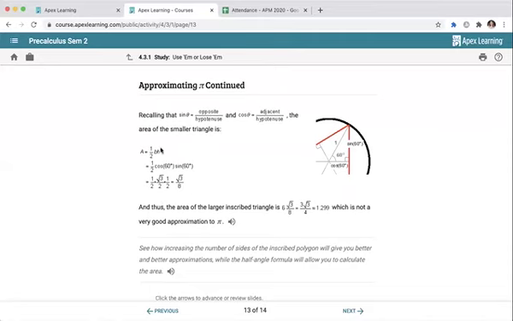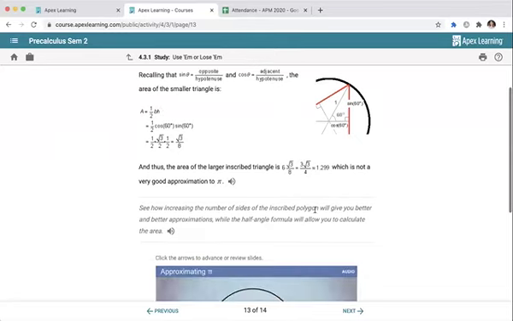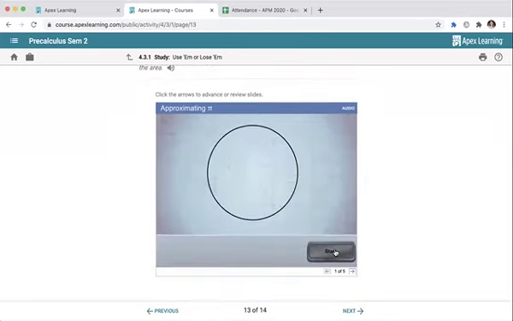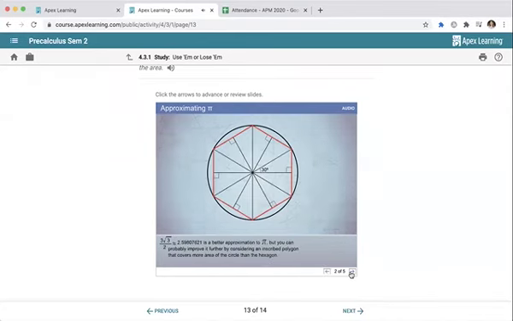And then they can look at this, and they can get a value of 1.29, which again is not a very good approximation of pi, since pi is 3.15. So what they can do there is then put in multiple triangles, so a lot more.